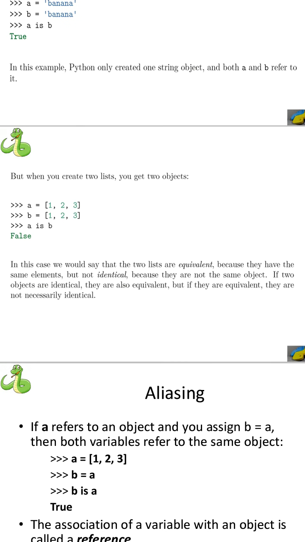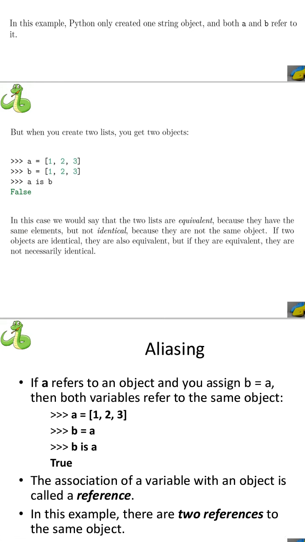As we have seen in the previous example, here A and B are equivalent because both variables have the same list with elements 1, 2, 3, but they are not identical because they are not pointing to the same object. Hence we can say that even though two variables are equivalent, they may or may not be identical, so we cannot always say that they are identical. But if these two are identical, then they must be equivalent.